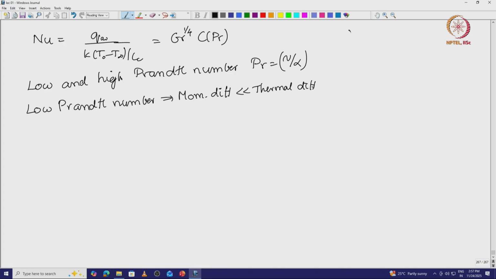So, if I have a heated surface, and a cross stream coordinate, I will call that Z. The momentum boundary layer thickness for the velocity goes as Grashof number to the minus 1/4.